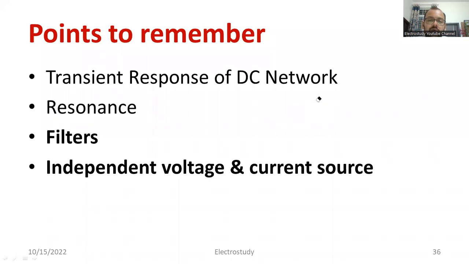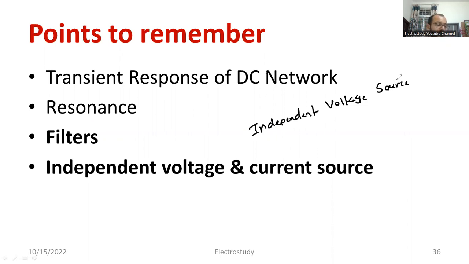So you have to write it properly. In case of independent voltage source, the constant voltage across the terminals is available. Voltage across two terminals will be constant.